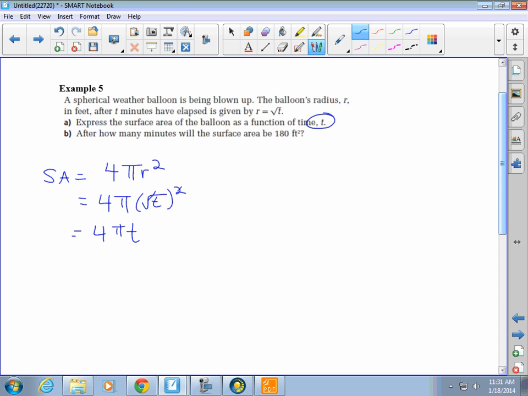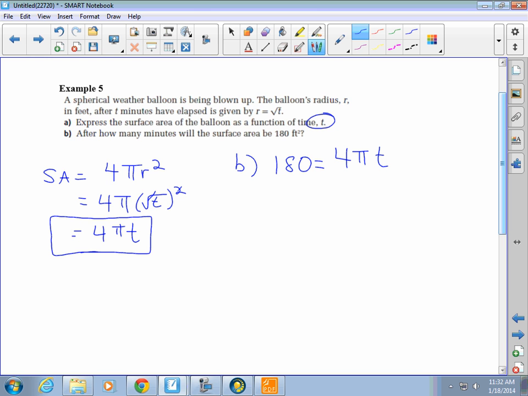Part B says, after how many minutes will the surface area be 180 feet squared? This equation here is already expressed as a function of time, so I can just substitute. They've told me the surface area, so that's going to be 180. My formula is 4 pi t.